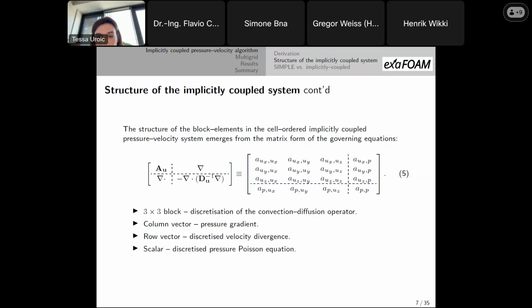On the top right-hand side, you have the pressure gradient stemming from the momentum equation, so how the velocities depend on pressure. And on the bottom left-hand side, you will have the pressure equation, so the discretized velocity divergence and the discretized pressure Poisson equation. So this is the diffusion equation that we get, the same as in the SIMPLE algorithm. Next slide, please.